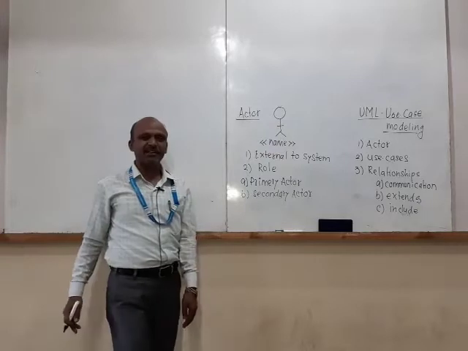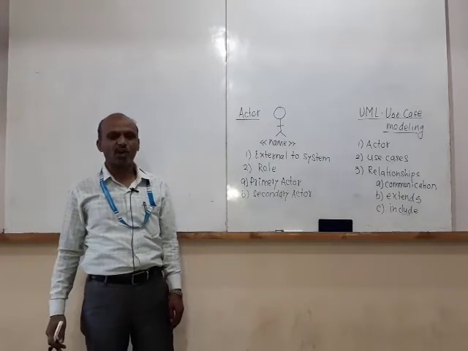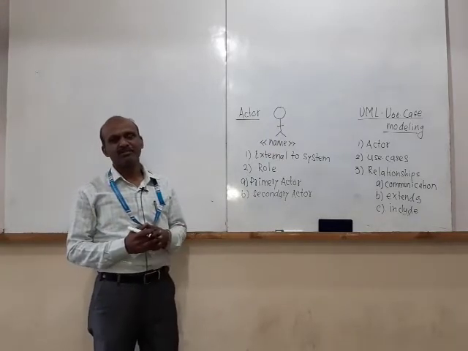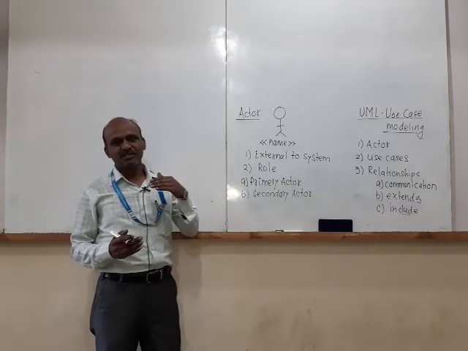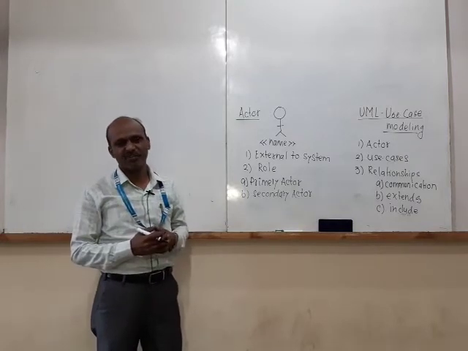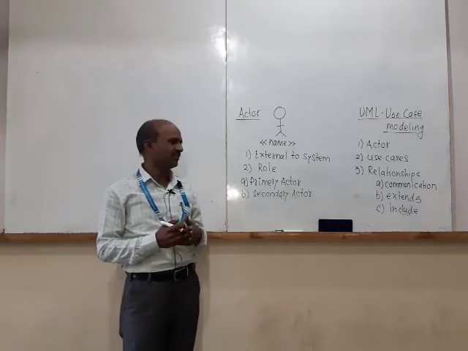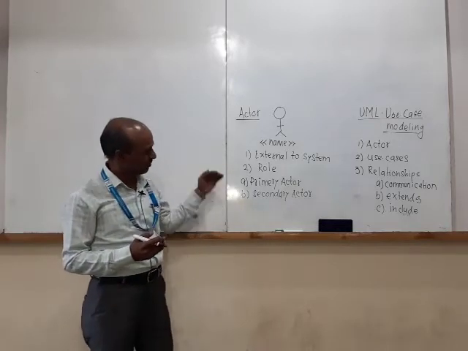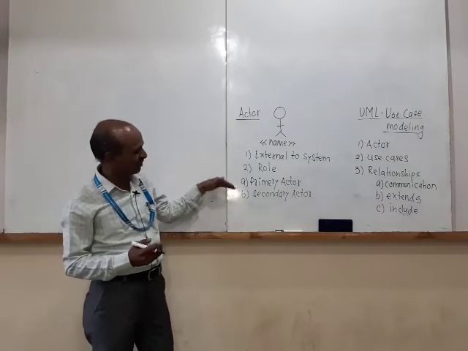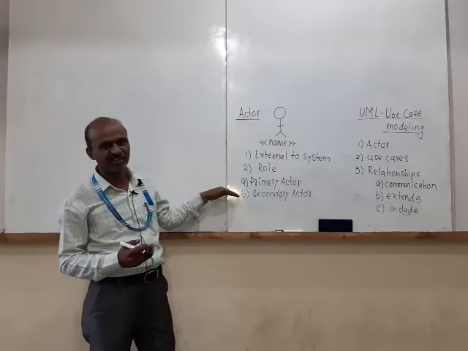Primary actor means the role which is directly affected by that software. And secondary actor means the actor which maintains that system. So this is the difference between primary actor and secondary actor.